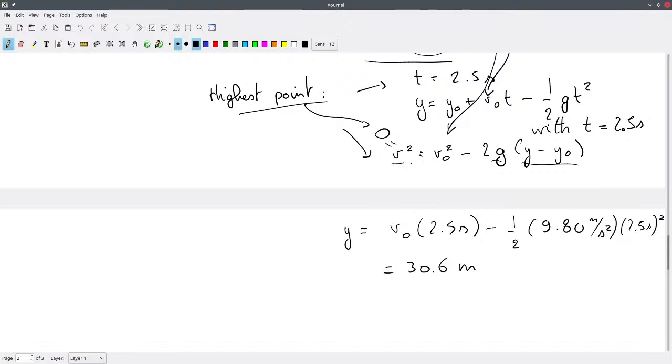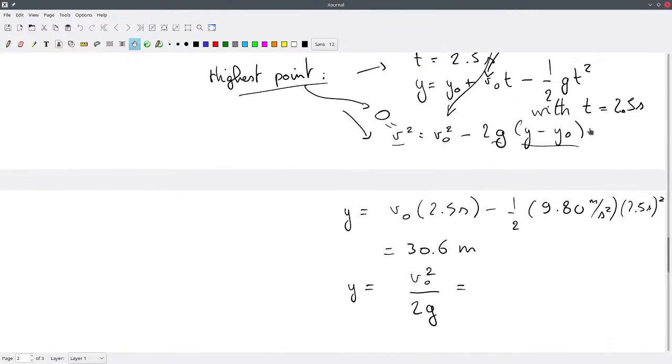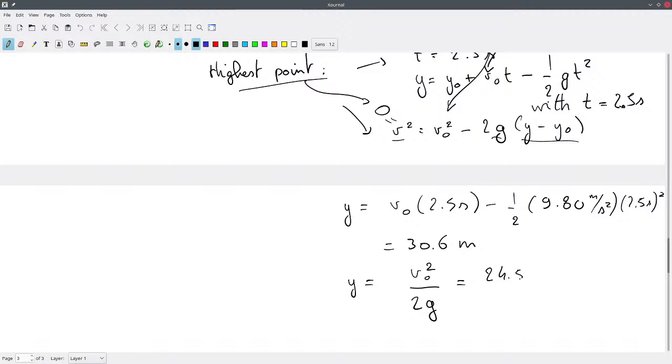In the second approach, we're going to calculate y, and y0 is 0, so that will be v0 squared divided by 2g. So that will be our 24.5 meters per second squared divided by 2 times 9.80 meters per second squared.